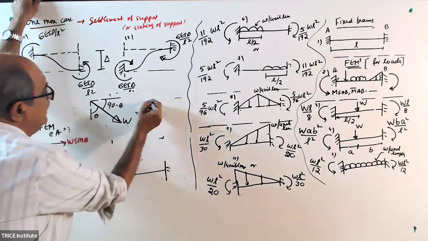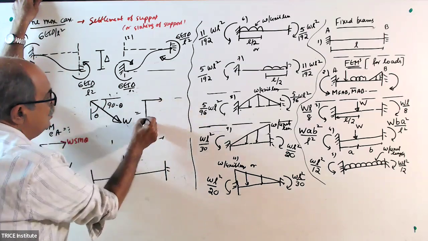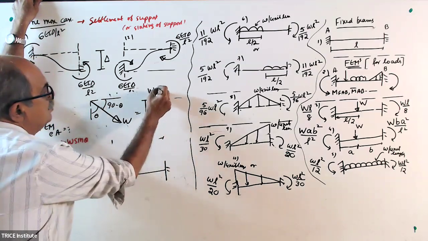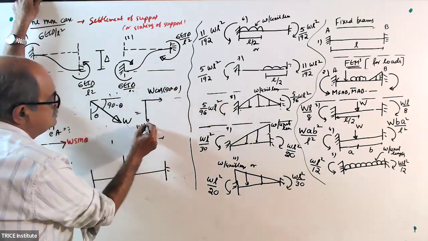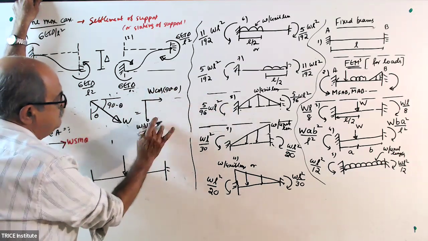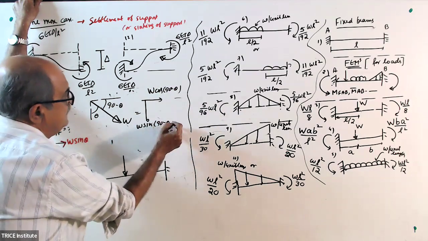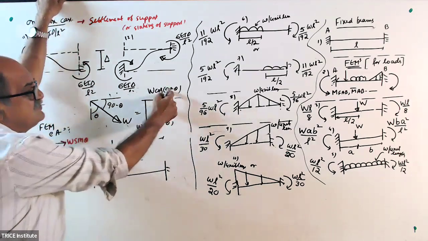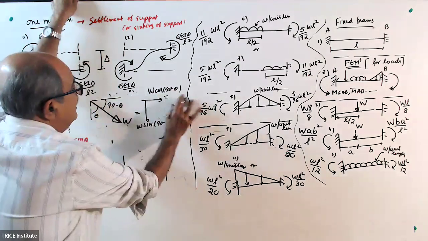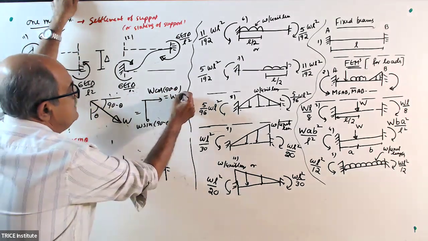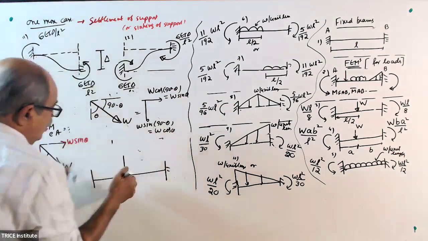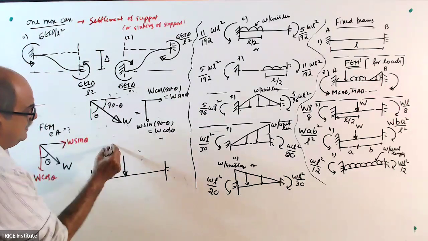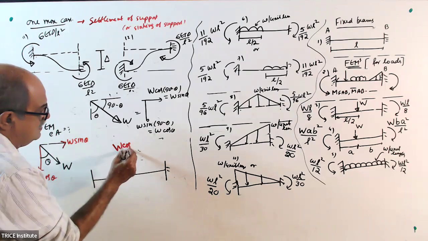Then the horizontal component is cos, vertical is sin: W cos of 90 minus theta, W sin of 90 minus theta. But you know that cos of 90 minus theta is sin theta. So it is W sin theta. This is W into cos theta. So vertical force is W into cos theta.